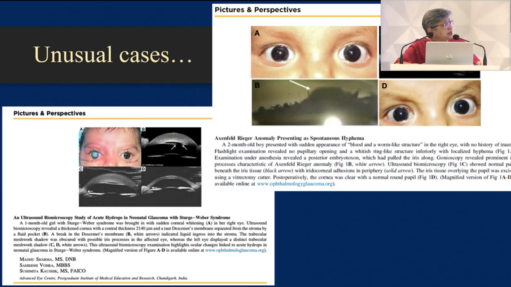So sometimes this aberrant posterior embryotoxon can pull on your iris and come right over, and if we didn't have the UBM, we would have had no idea what is going on. Actually there was a little bit of iridodialysis because of which there was a bleed.